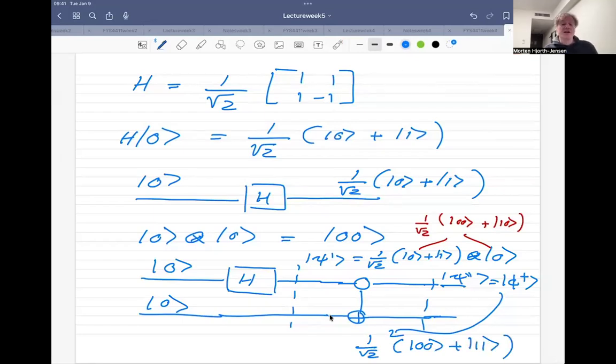And this is an example of how we can make an entangled state for a 2-qubit system, where in the beginning, this was just given by a pure product state. So just keep in mind that the initial state which we have is just a product state. The final state, on the other hand, is an entangled state.